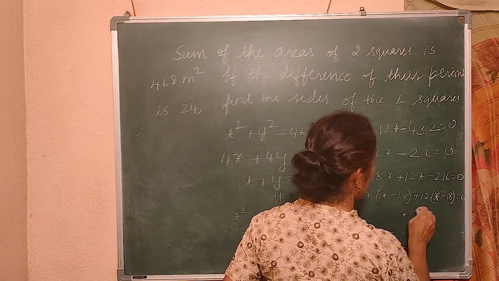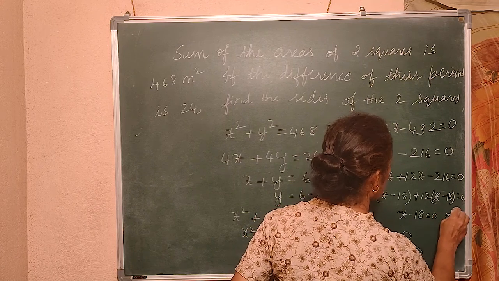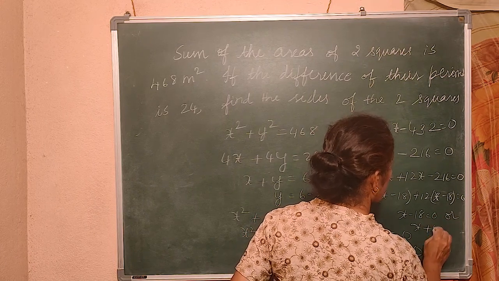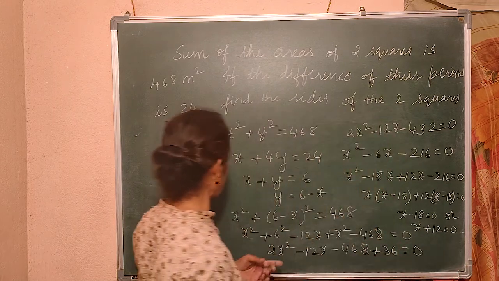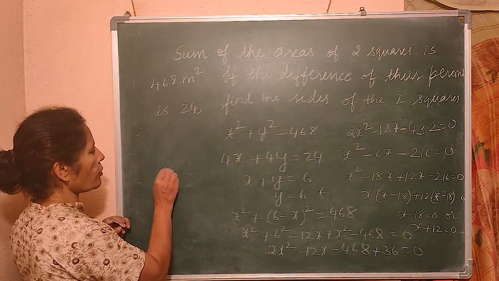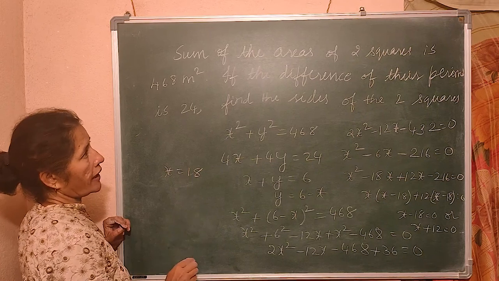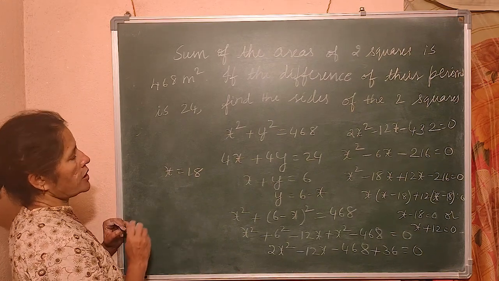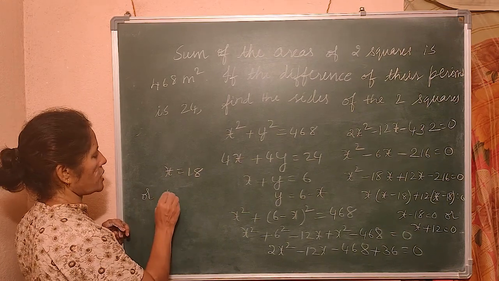So x minus 18 is equal to 0 or x plus 12 is equal to 0. Therefore, what can I say? x is equal to 18 or x is equal to minus 12.